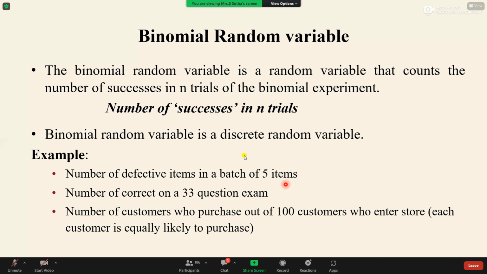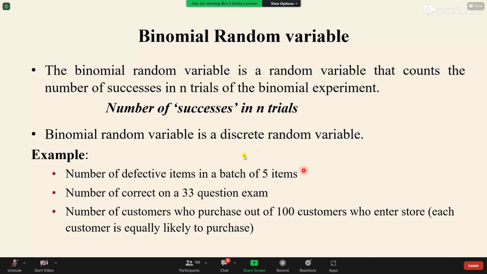The number of defective items may be 0, 1, 2, 3, 4, or 5. We don't know which value it will take. So we define X as the number of defective items in a batch of 5 items.